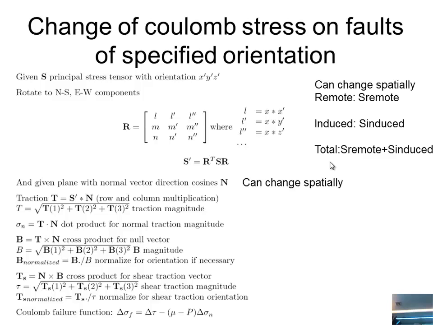It's a good lesson, but basically you take the remote stress and induced stress, you get the total stress, which is the stress tensor, and then the faults inside there. You have to take that stress tensor and compute the normal and shear stress on the single fault surface. So that's the normal stress here and the shear stress. And so then from these calculations, we can compute the change in the Coulomb failure function.